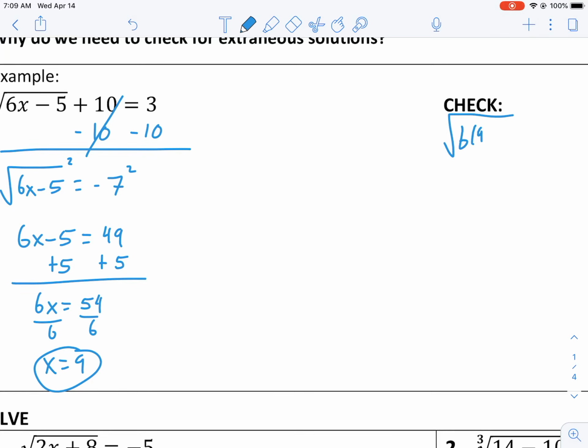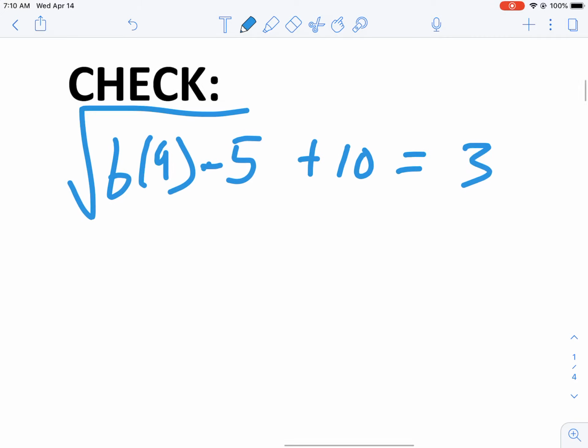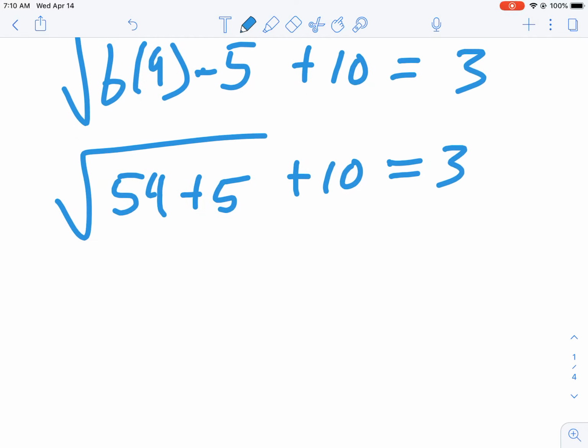6 times 9 minus 5, plus 10 equals 3. So again, 6 times 9 is 54. Oh wait, that's minus 5, so this is 49.